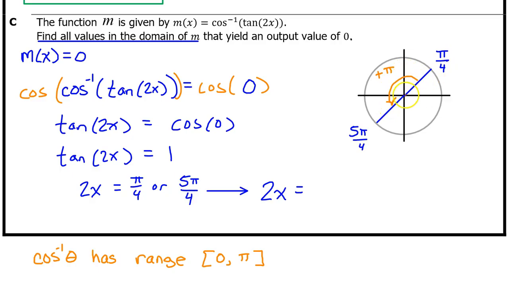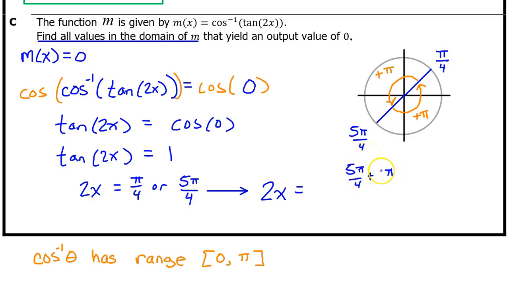So, for example, starting in the first quadrant with pi over 4, if we do pi over 4 plus pi, we get 5 pi over 4. That's another solution. However, if we add pi again, that's going to take us back to this position. Let's see what that would be called.